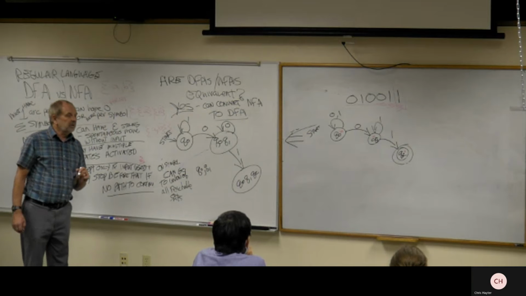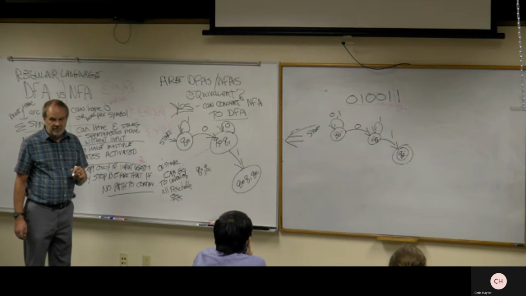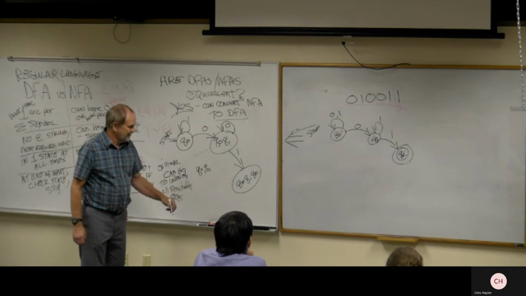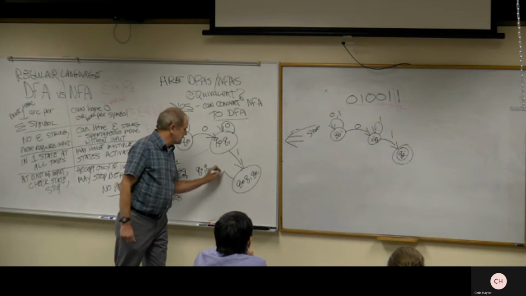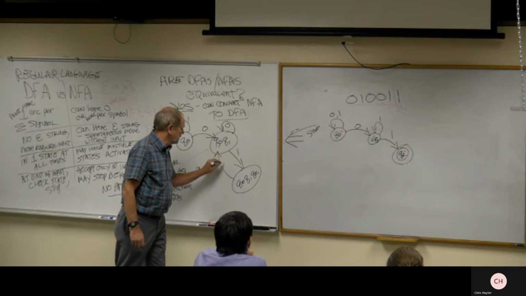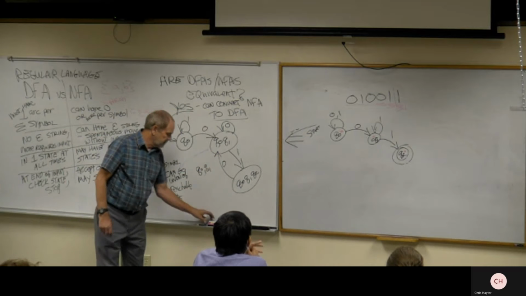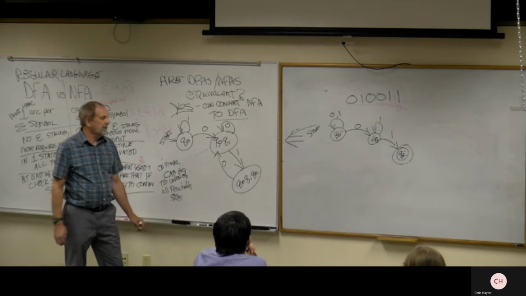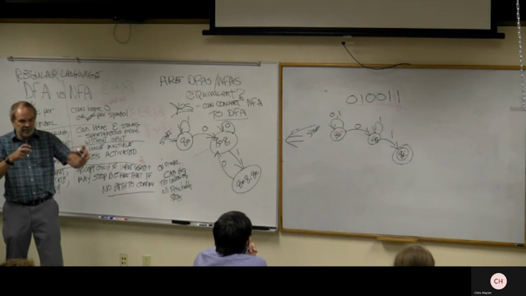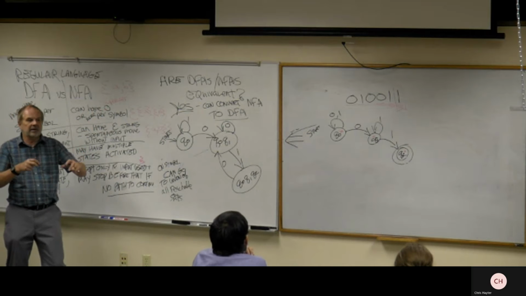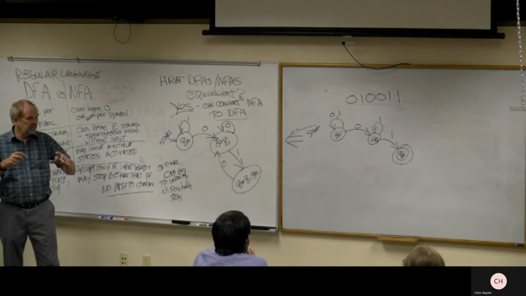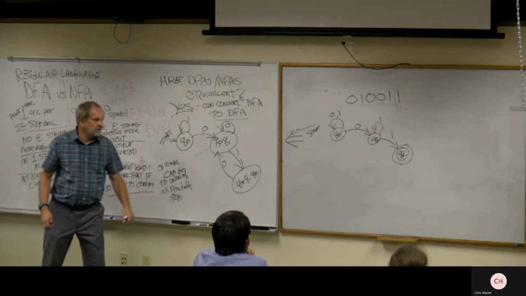If I'm in Q2 on a 0, I don't get any further. So a 0 takes me back to Q0, Q1. We're just enumerating everywhere you can go with all three of these states activated.